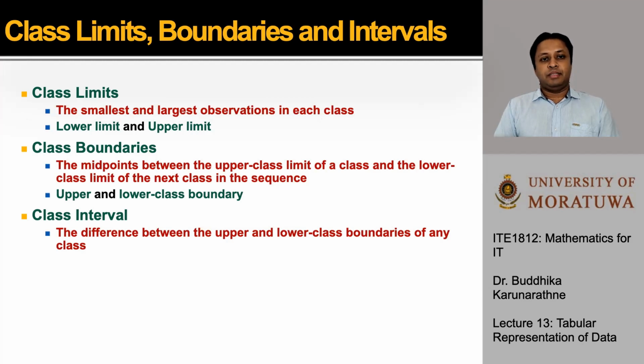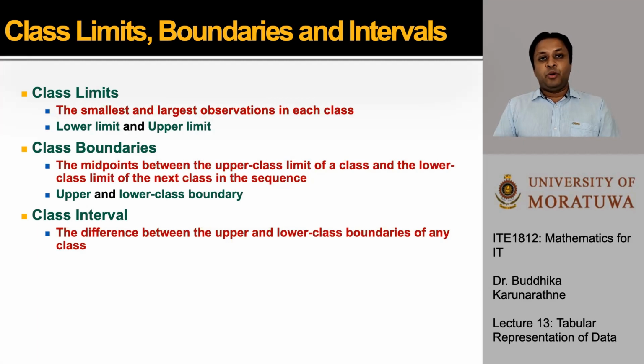What do we mean by class limits? These are the smallest and largest observations in each class, identified as the lower limit and upper limit. This is related to a certain group of values or a class of values. We should also identify class boundaries.